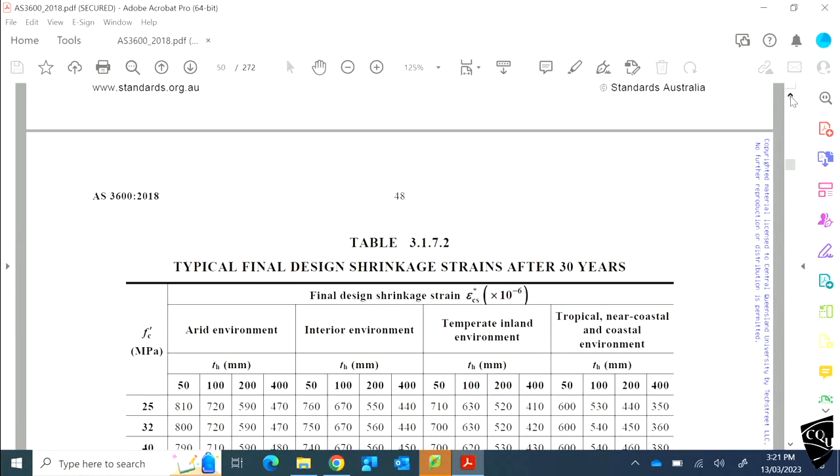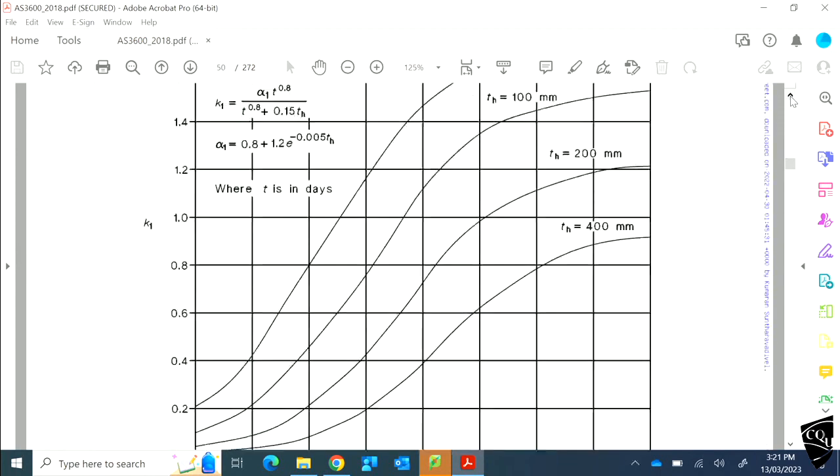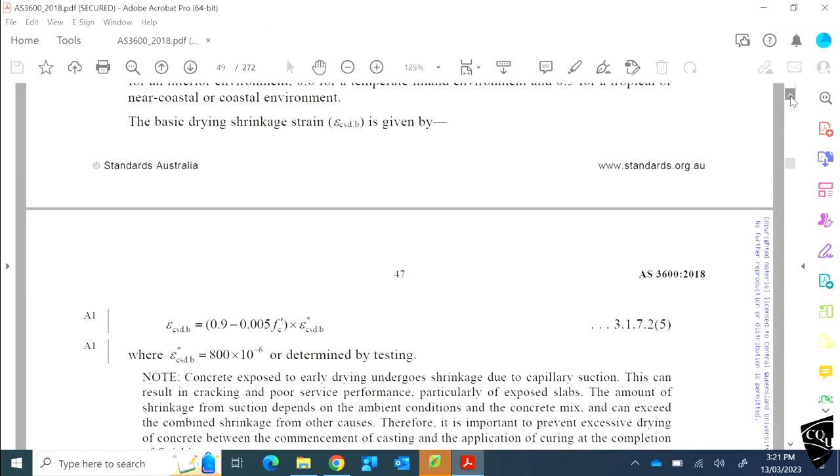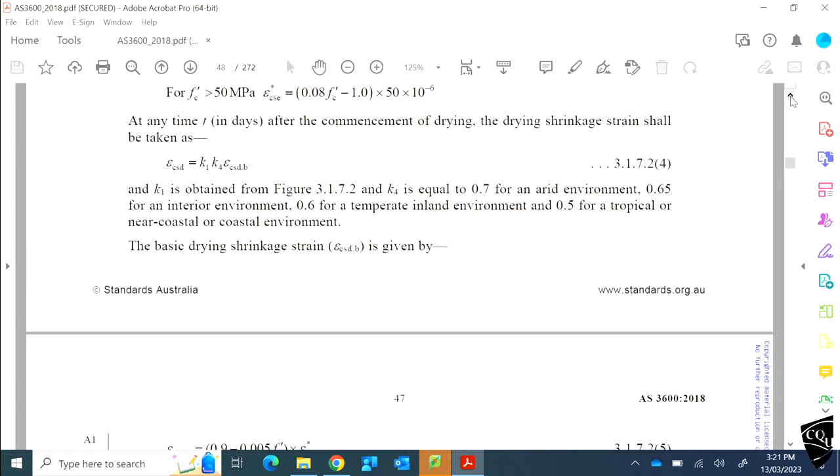It's quite a lengthy calculation sometimes, okay? So you should be able to get 0.7, 0.65 for the interior environment, but if it is other cases, you should look at that one.